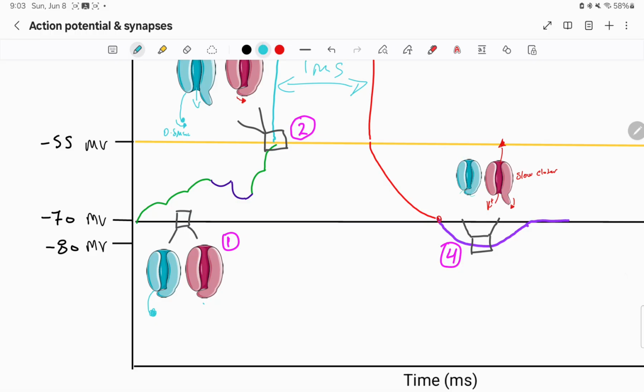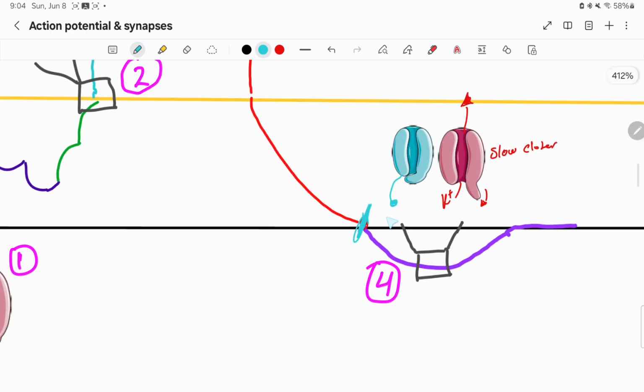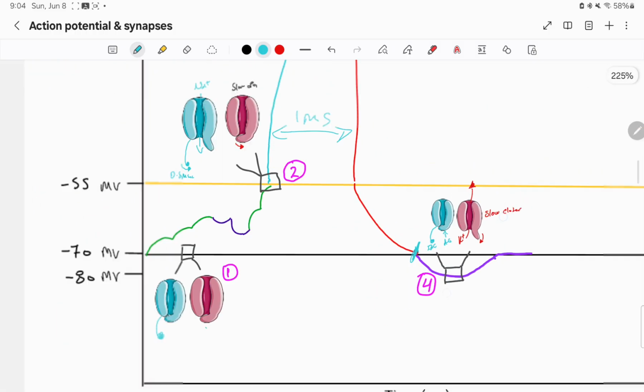Okay? Now, what is the configuration of the sodium voltage gated channel here? Well, guess what? As soon as we hit this resting membrane potential, the configuration of the sodium voltage gated channel returns back to what it was before, where the inactivation gate is open and the activation gate is closed. Okay?